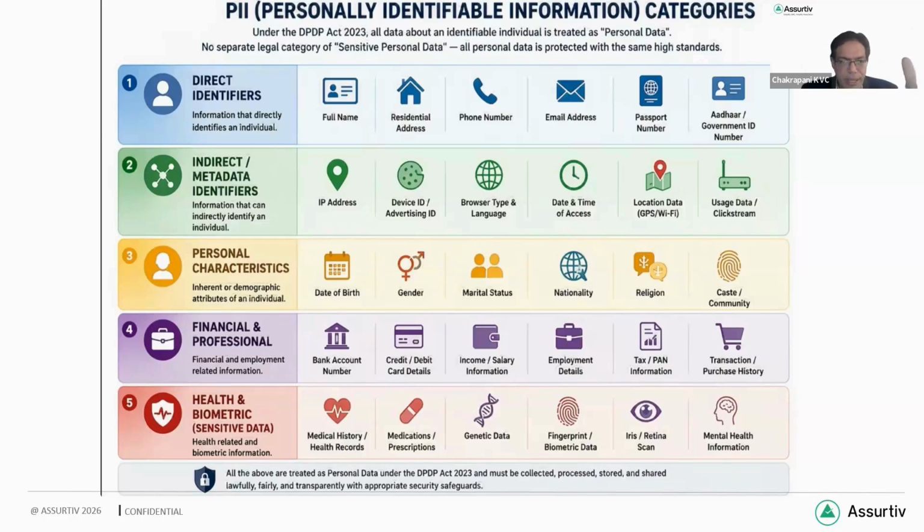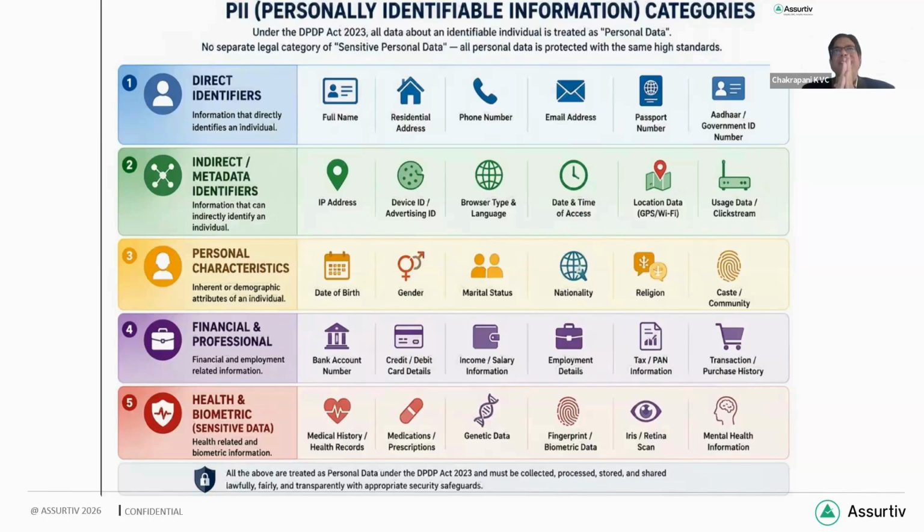And the fifth one is health related and biometric information. Here, medical history and health records of patients, like you and me, medications or prescriptions prescribed by doctors, genetic data, fingerprint and biometric data, iris and retina scans, and mental health information.